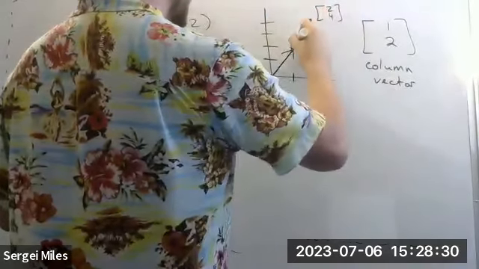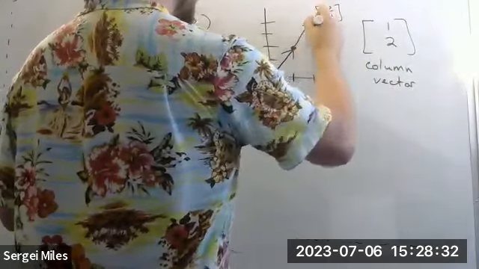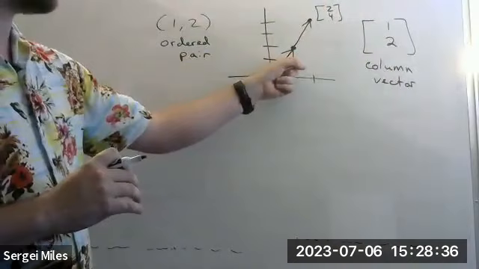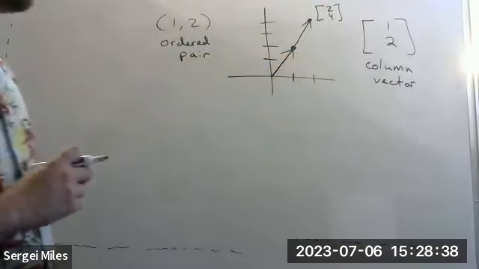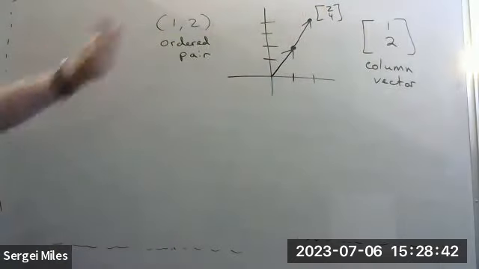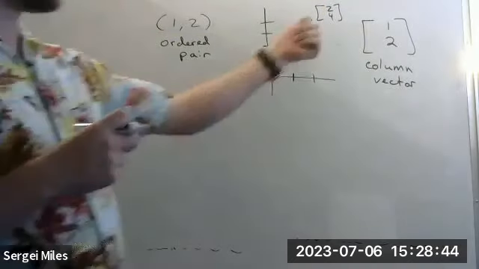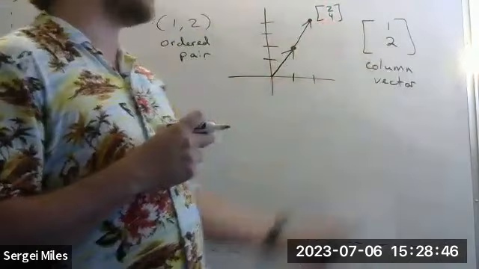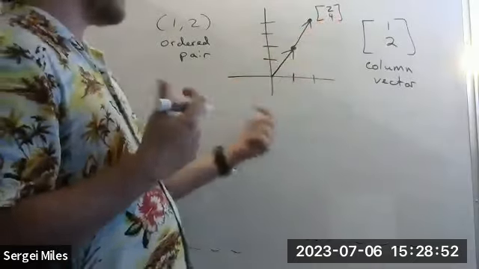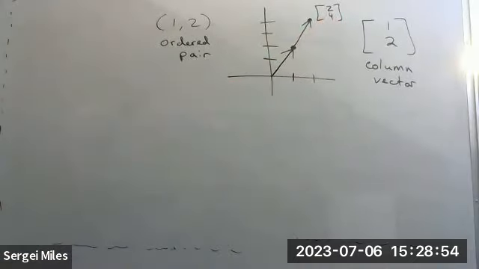Now note the vector (2, 4) coming out of the origin has the same slope as the vector (1, 2), except this vector (2, 4) is longer. It's double the length. So this vector (2, 4) has double the magnitude of the vector (1, 2). But they are both traveling in the same direction.